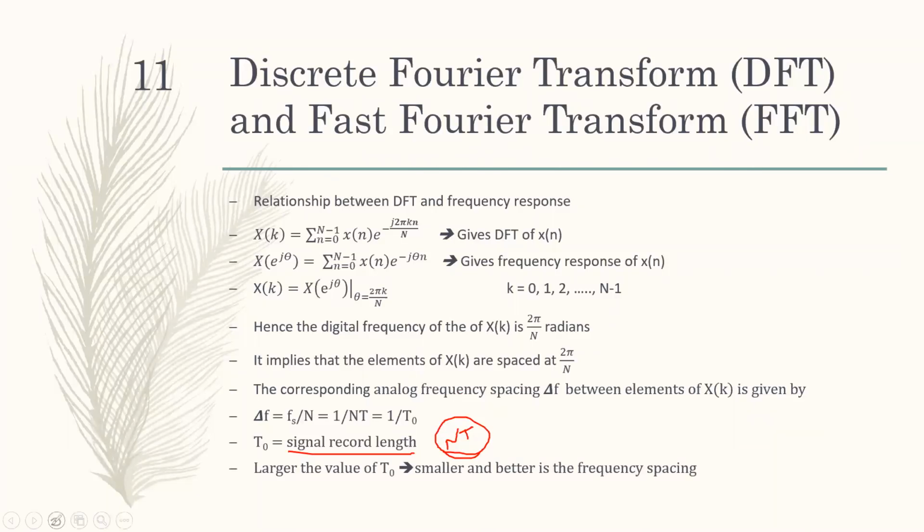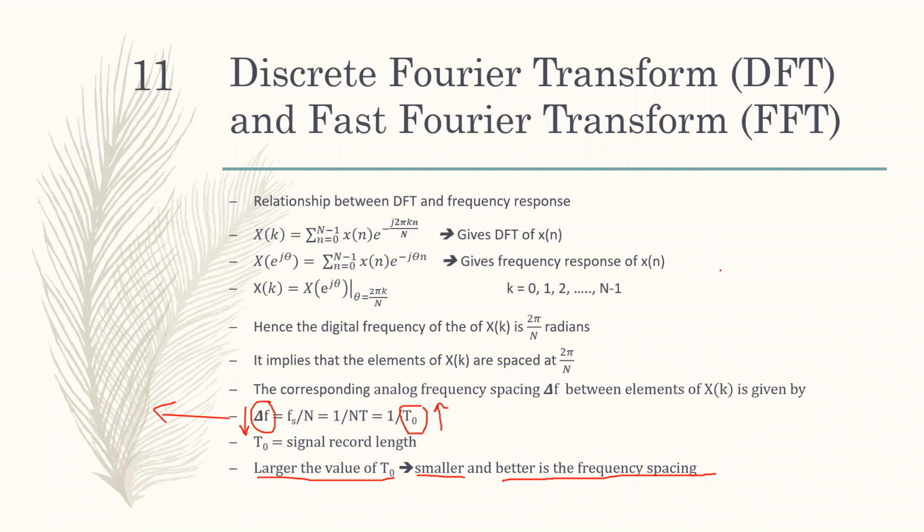Now one thing to remember is that if you increase T naught, delta f reduces. If T naught goes higher, the delta f value will be smaller. If it is smaller, it implies you are taking more samples. So the larger the value of T naught, the smaller and better the frequency spacing.